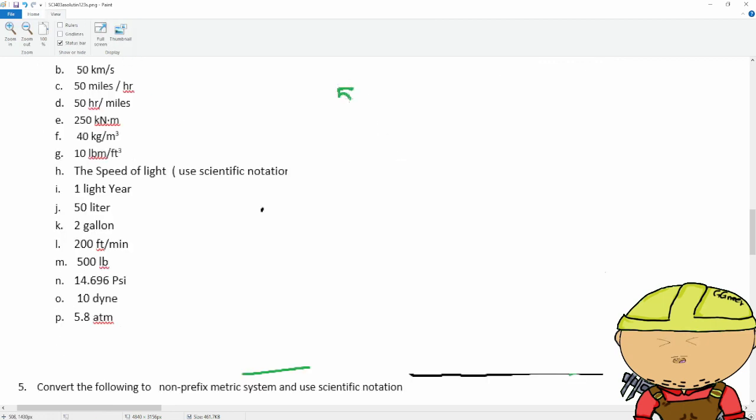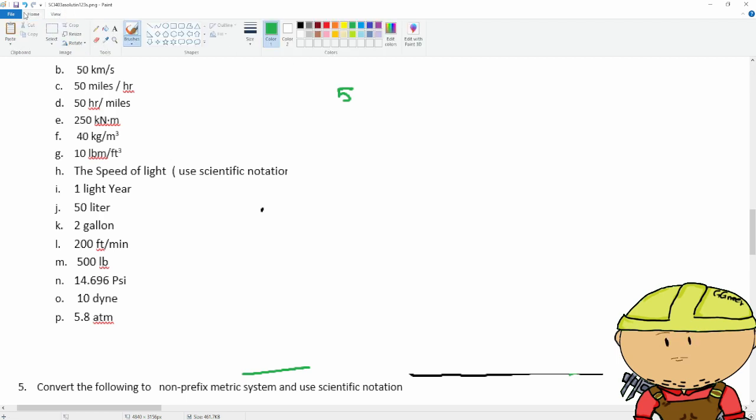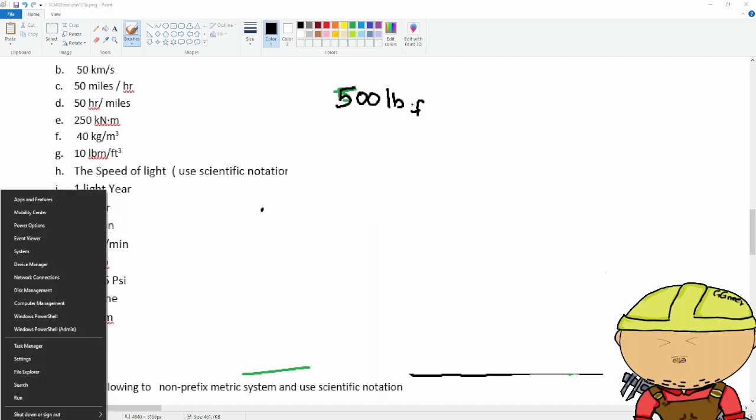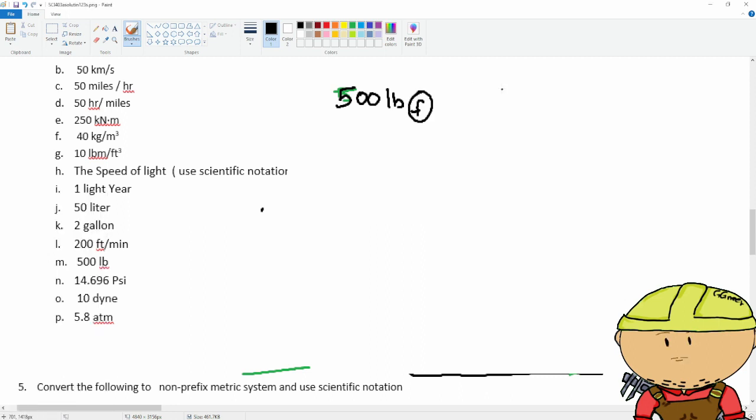Okay, 500. Remember, normally if we use 500 pound, there are two types of pound: pound force and pound mass. If there's no M or F on the pound, that's usually taken as pound mass, because pound mass is the normal or initial unit of pound.